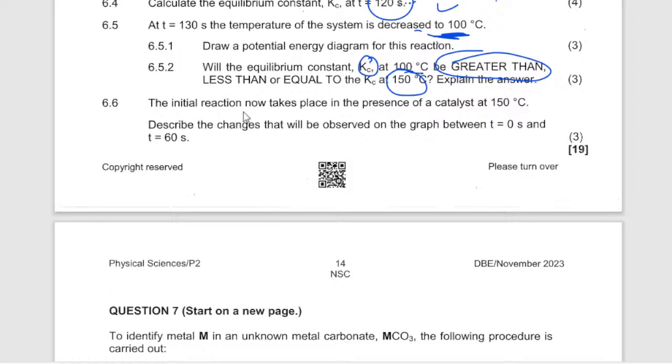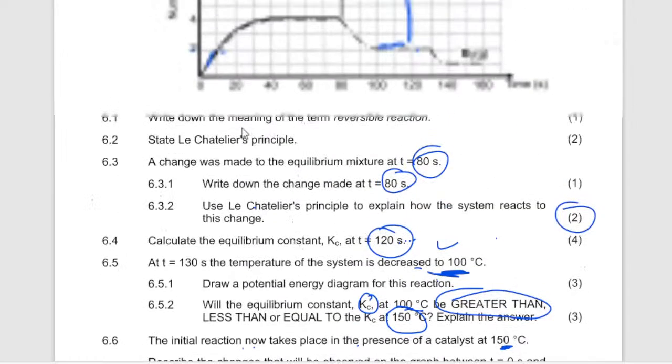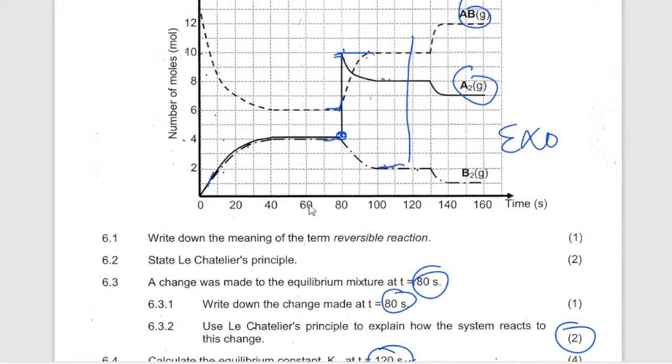Then we go to the next question. The initial reaction takes place in the presence of a catalyst. Describe how the change will be observed on the graph at T0 and T60. When you say T0 to T60 here, definitely the catalyst just speeds up the rate of chemical reaction, but that doesn't change how much is going to be formed at the end of the day.